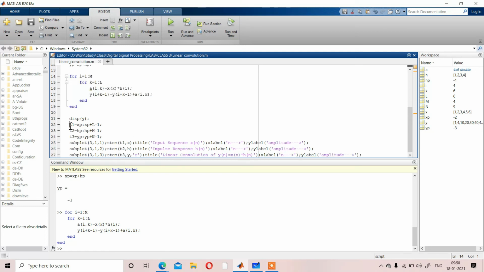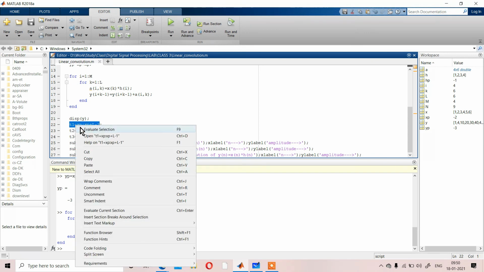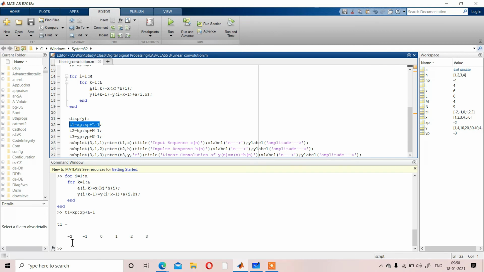Simply what we are considering, t1, t2, t3, as I have told you. So t1, if we run, t1 will start from -2, will end at 3. Similarly, t2 will start from -1, end at 2. You can check it. t1 defines the index of x.